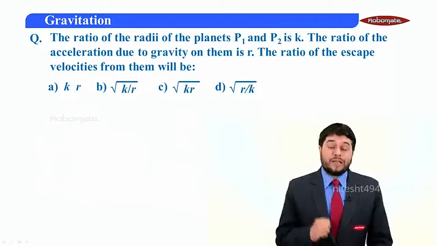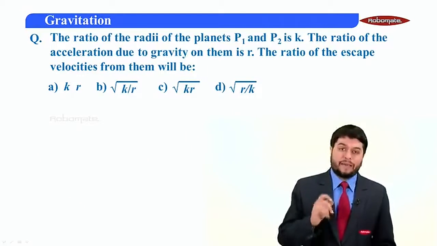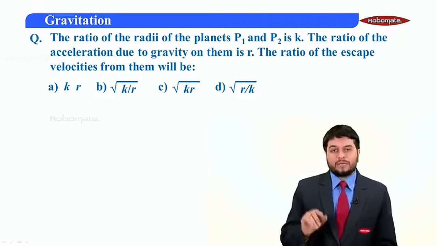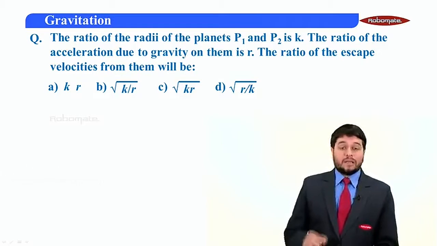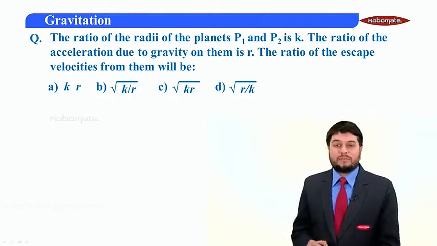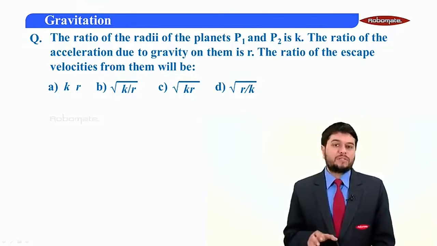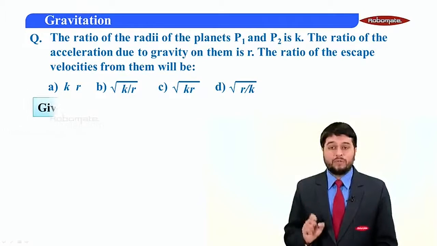The ratio of the radii of planets P1 and P2 is K. The ratio of the acceleration due to gravity, that is small g, on them is r. Then the ratio of the escape velocity will be how much? Here again, escape velocity in terms of small g, root of 2gr, is the fundamental formula I am going to use.